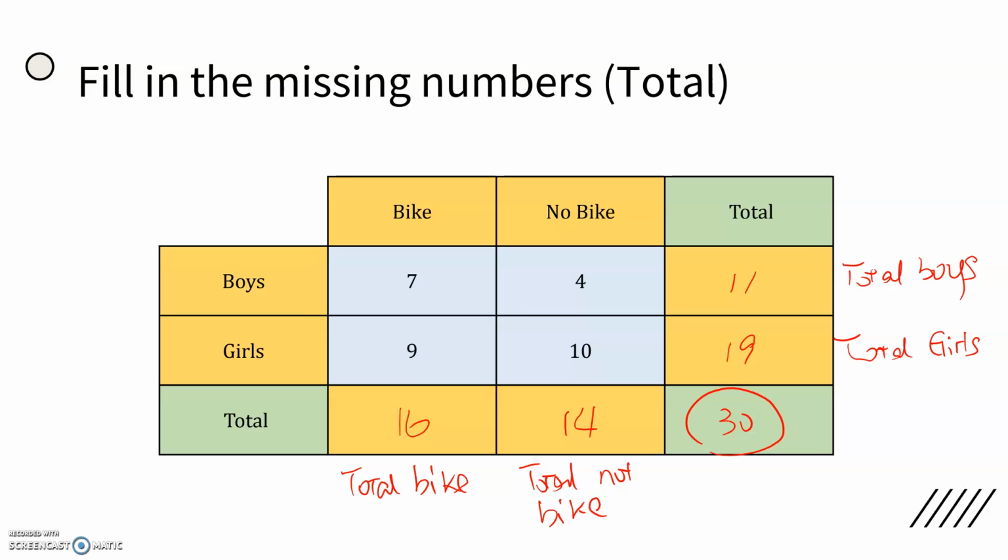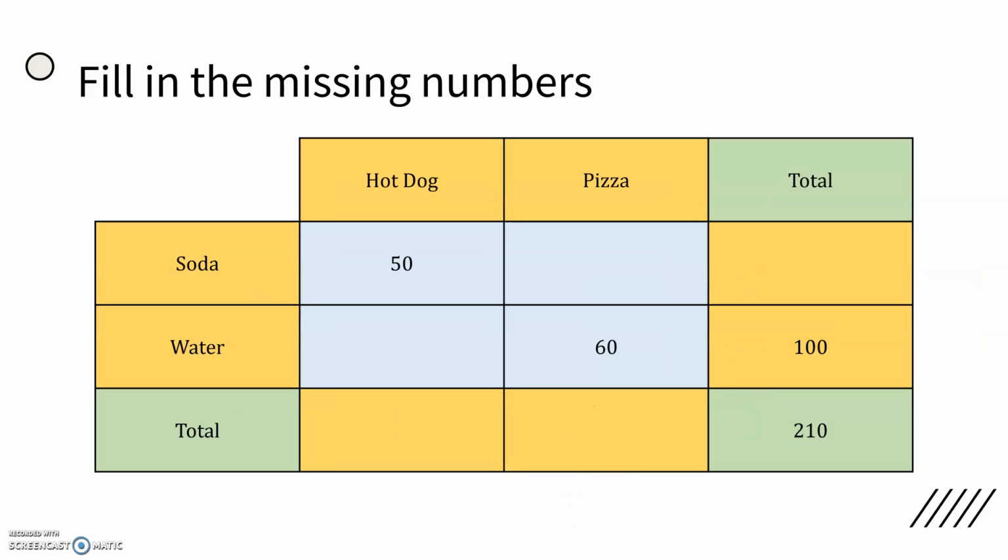Okay, now, we can try to fill in the missing number from the other direction. So, for example, if we have this table, you can pause the video here to think about which number you would put in each block. And when you're ready, we'll try to go through this all together. All right. So I hope you're ready at this stage.